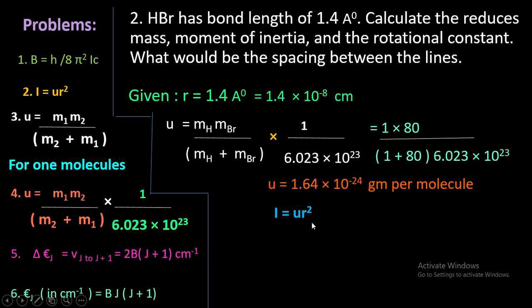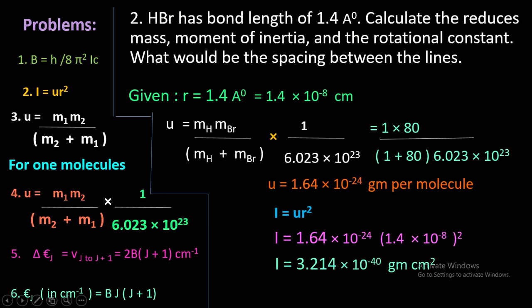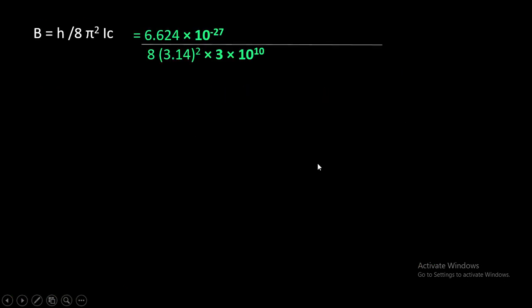Now, the moment of inertia equals u r square. Therefore, putting the value of u and r in this equation, it becomes 1.64 into 10 raised to minus 24 into 1.4 into 10 raised to minus 8 bracket square. That is 3.214 into 10 raised to minus 40 gram centimeter square. Now, the rotational constant b equals h upon 8 pi square I into c.